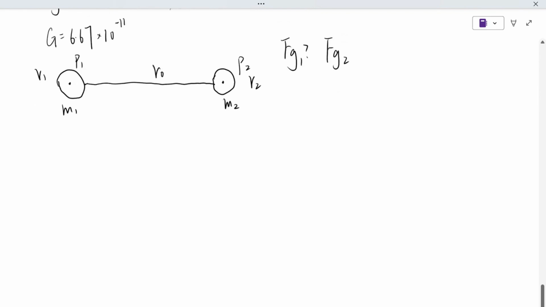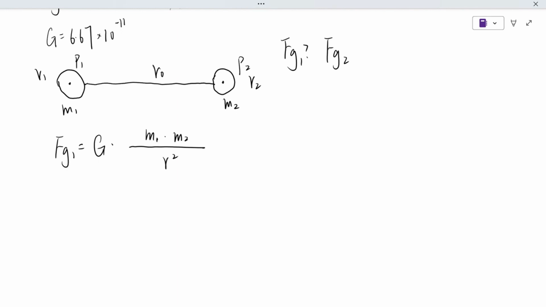Alright, let's first write down the equation for each of them. Fg1 is equal to G, this never changes because it's a constant, times m1 times m2, that's the mass of each planet, right? Times r squared. What is r squared?